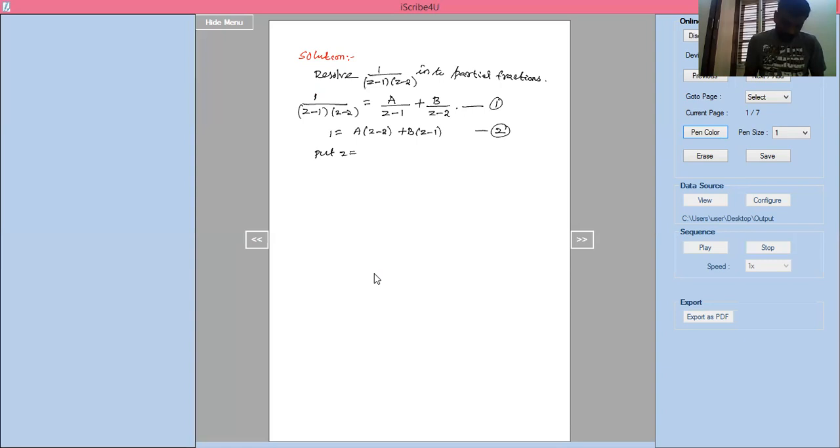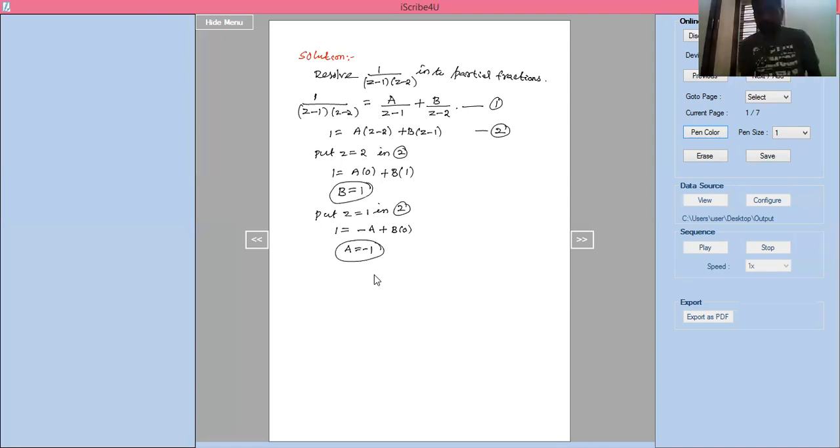Put z equal to 2 in equation 2, you'll get 1 equals a into 0 plus b into 2 minus 1, which is 1. So now you'll get b equal to 1. Next, put z equal to 1 in equation 2. We'll get 1 minus 2 is minus 1, so 1 equals minus a plus b into 0. So now you'll write a equal to minus 1.